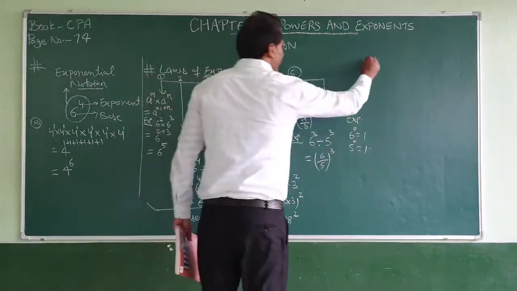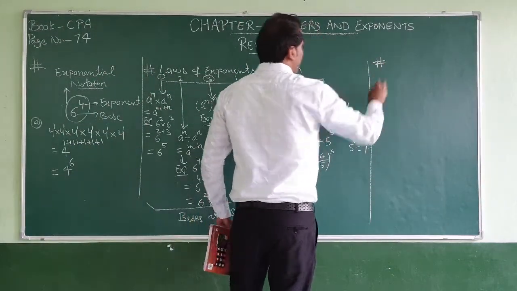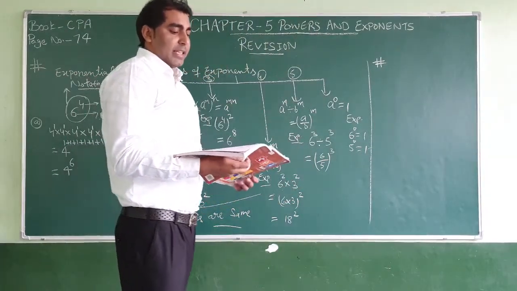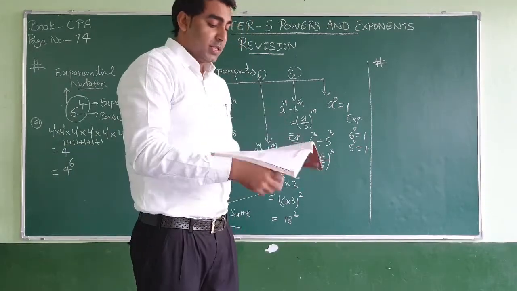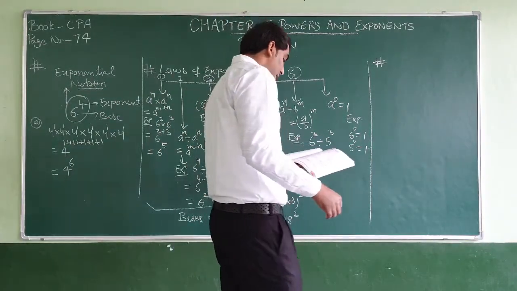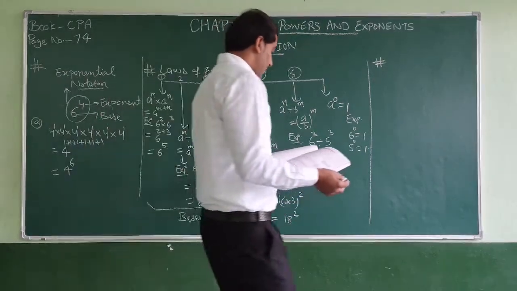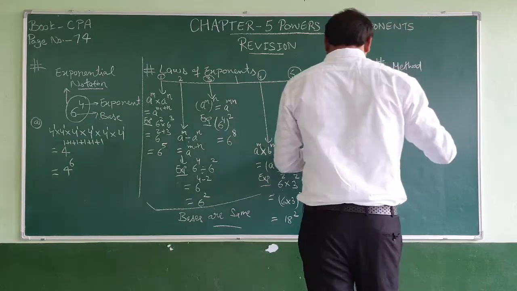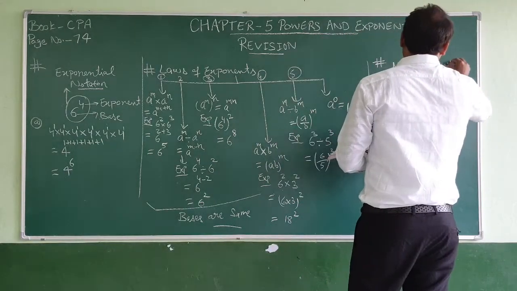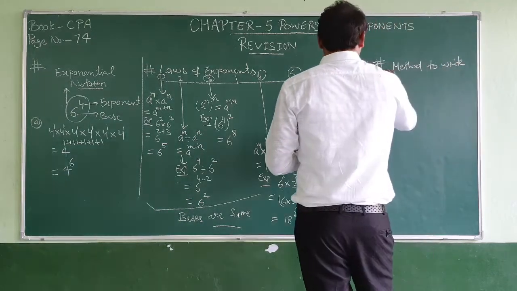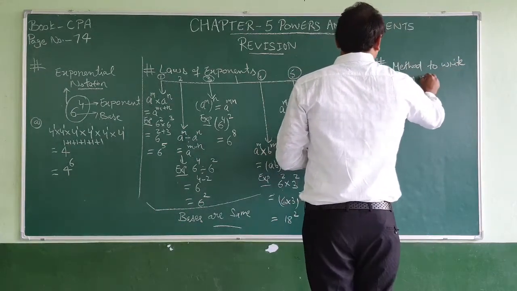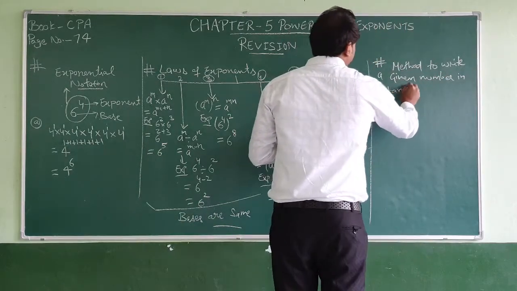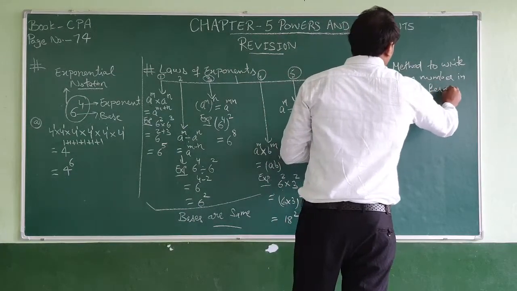And the last thing we have done is expressing large numbers in standard form. Yesterday we did standard form. What is the method to write a given number in standard form?